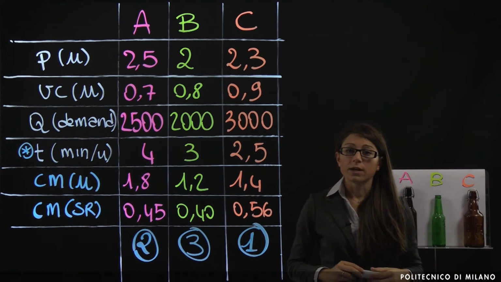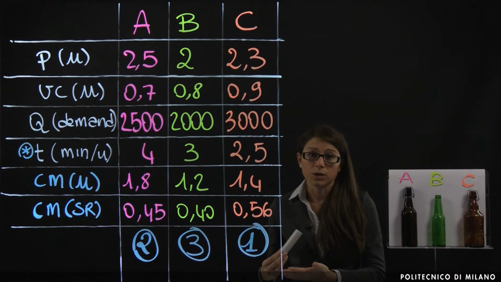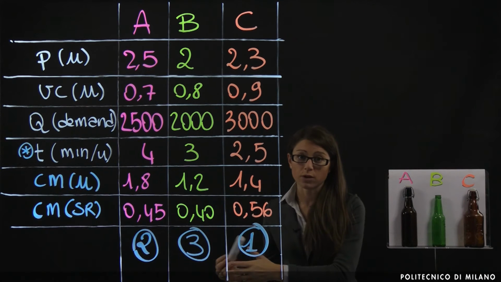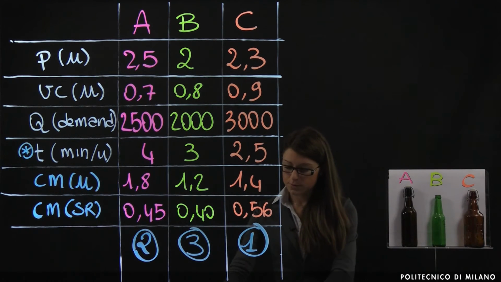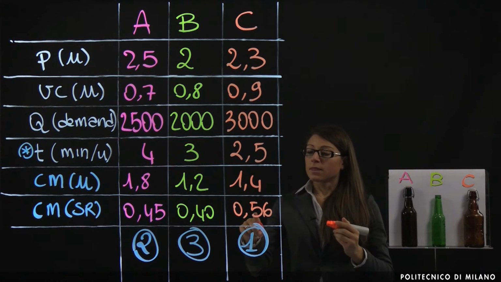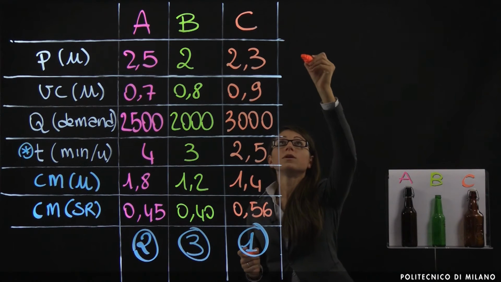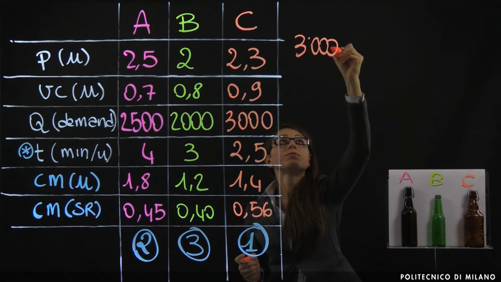The second question is how many units should we produce? Now we know the order, but still we need to understand how many units of each product we should realize. The starting point is the beer type C. So we need to identify the number of units. Basically, we need to identify the units that we should realize, so 3,000 units.